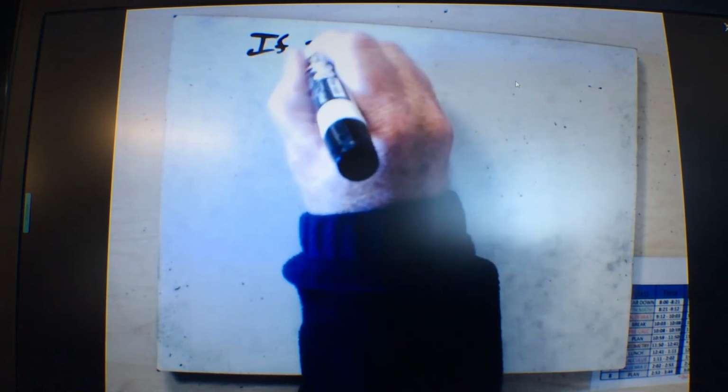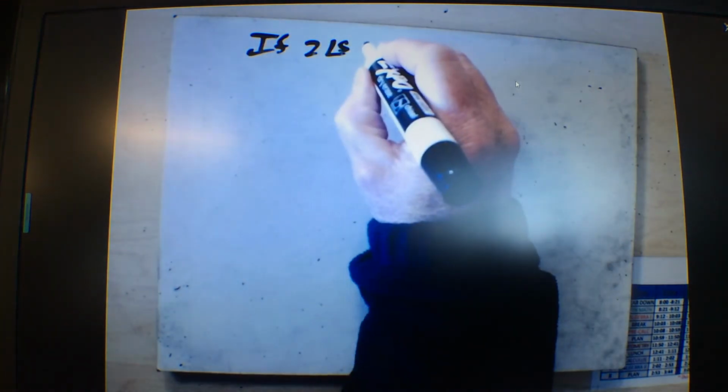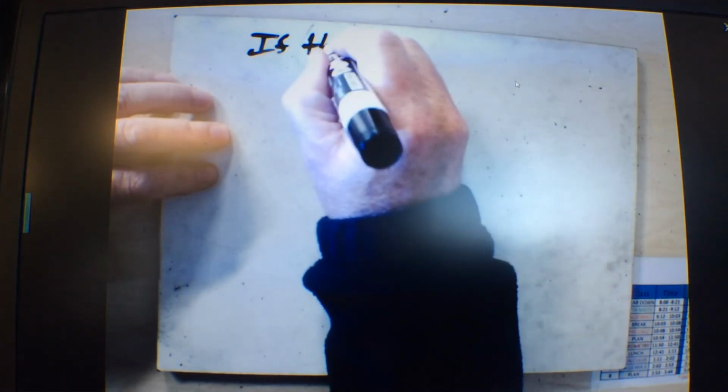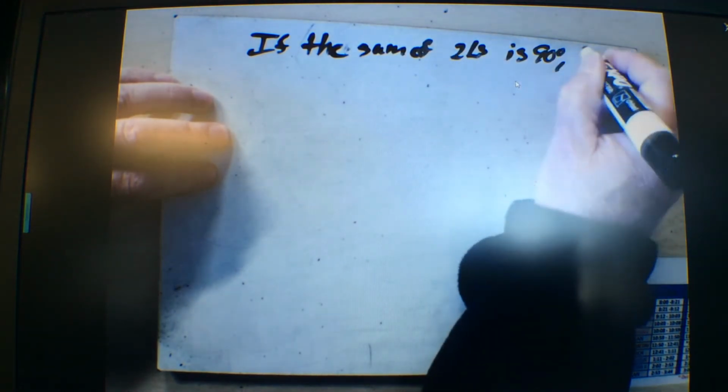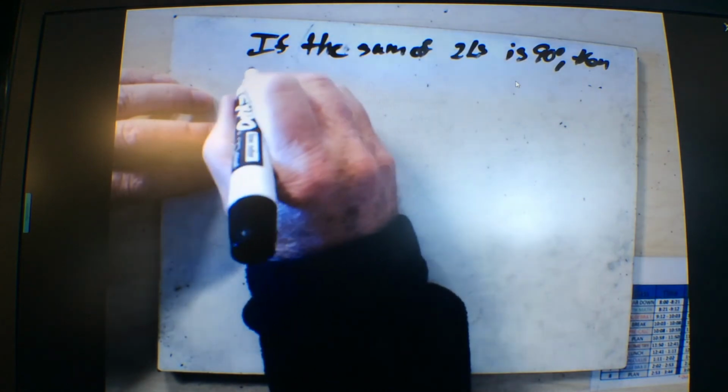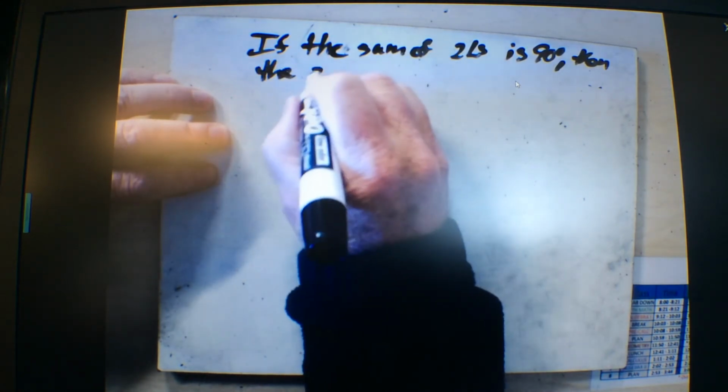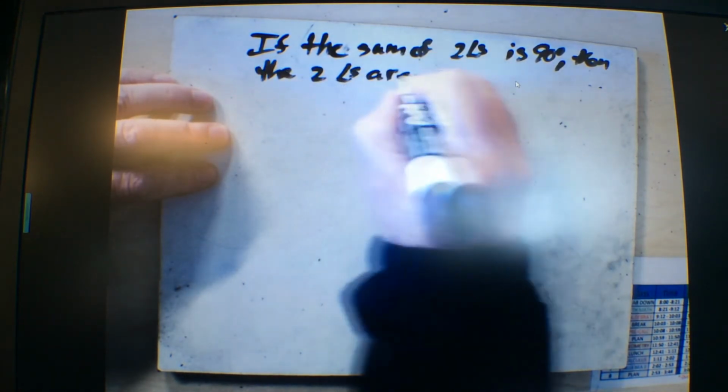Let's say: if the sum of two angles is 90 degrees, then the two angles are complementary.